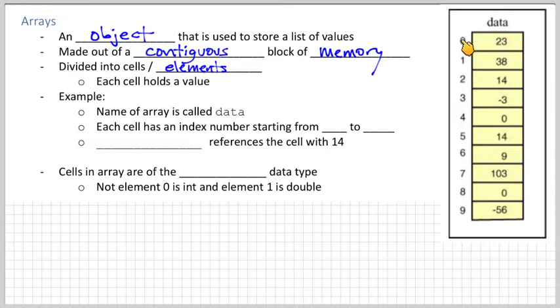So if this is, say, address 0, then this address 1, address 2, or maybe address 1000, then address 1001, address 1002, something like that, a contiguous block of memory. And this block of memory is divided into cells, into elements, and each element holds a value.